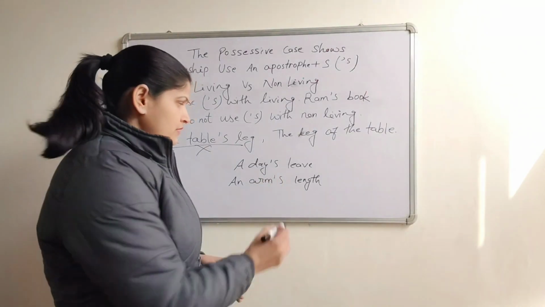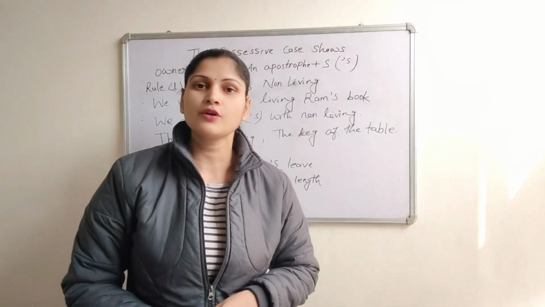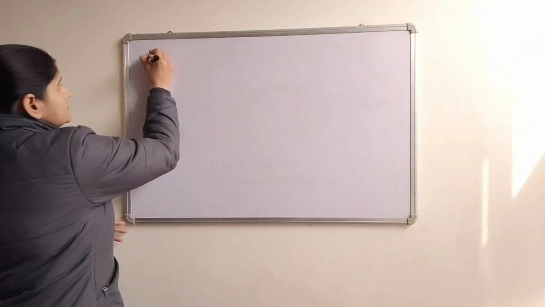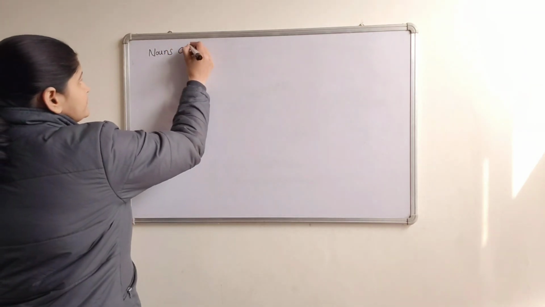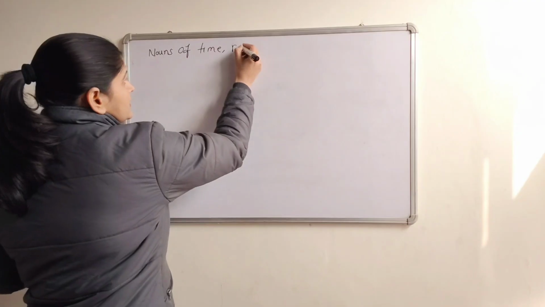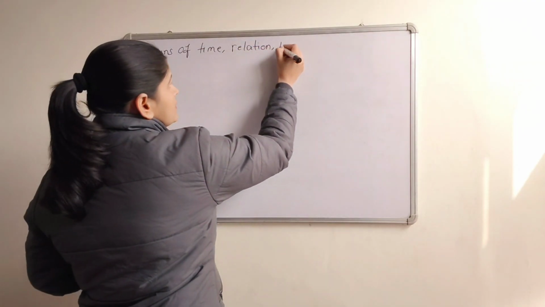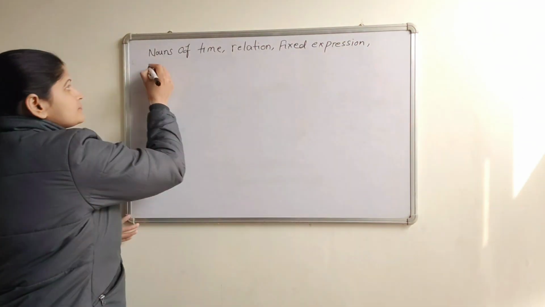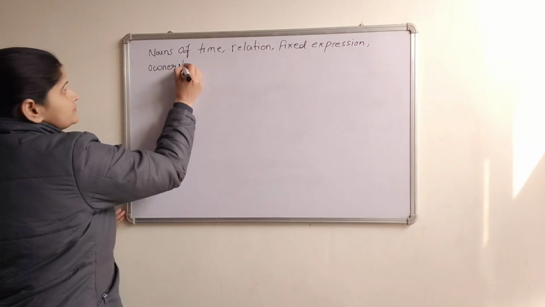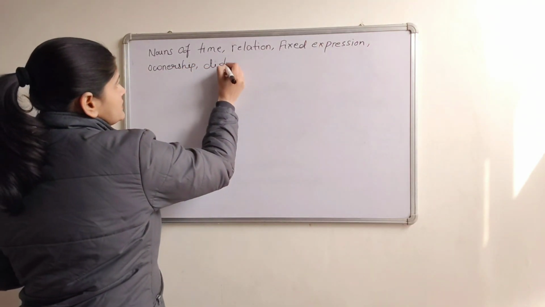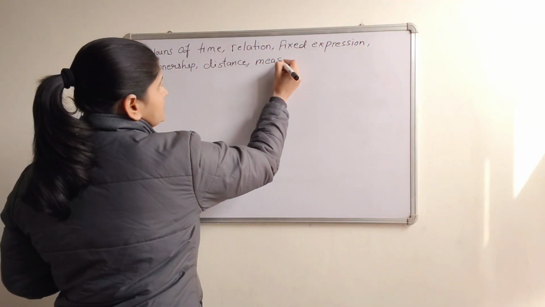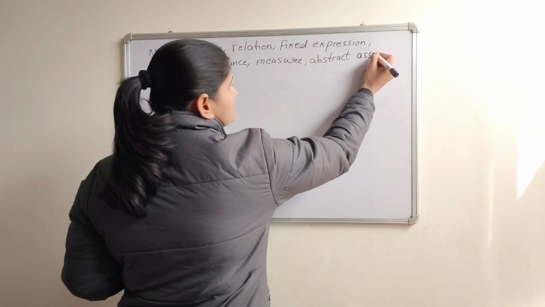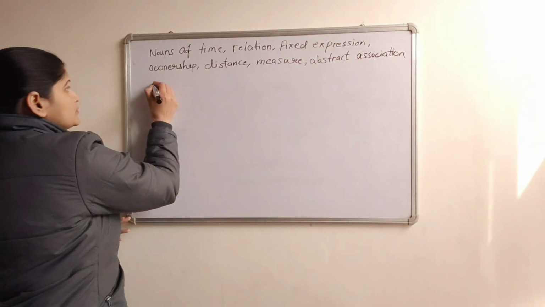These are not living nouns, but still we are using apostrophe s, because the possessive case is not just limited to living nouns but also used with nouns of time, relation, fixed expression, ownership, distance, measure, abstract, association, duration.